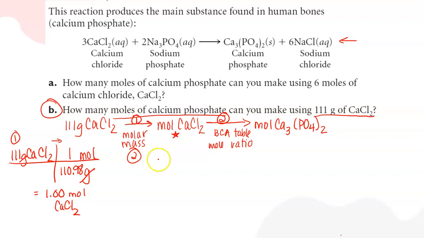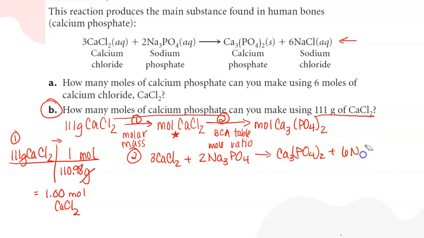So when I'm setting up a BCA table, I start by writing my balanced chemical equation, and making sure I write down my coefficients and subscripts correctly.